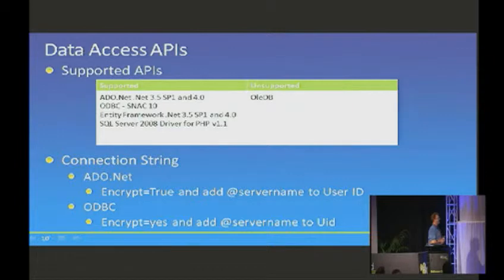When it sends that packet, if you don't have encrypt equals true, we respond with a reply saying, send me an encrypted connection as the next packet, or I'm going to disconnect from you. If they try to reconnect without encryption set on, and this all happens behind the scenes for you within ADO.NET and the other stacks, we'll actually kill the connection. We will not allow you to connect unless it's over an SSL channel.